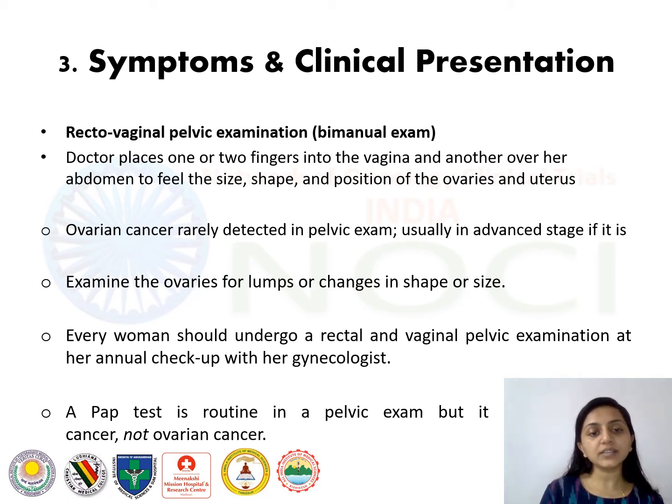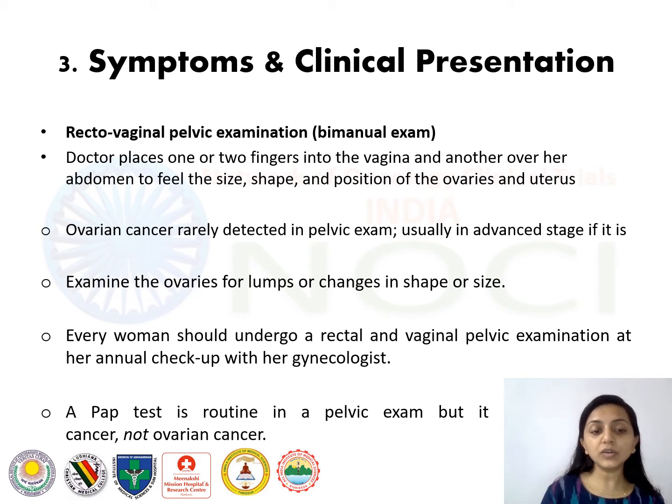The ovarian cancer is rarely detected in pelvic examination, but in cases of advanced stages, bimanual examination may help in the diagnosis of ovarian cancer. So the ovaries are looked for lumps or changes in shape or size. Ideally, every woman should undergo a rectal and vaginal pelvic examination at her annual checkup with her gynecologist.